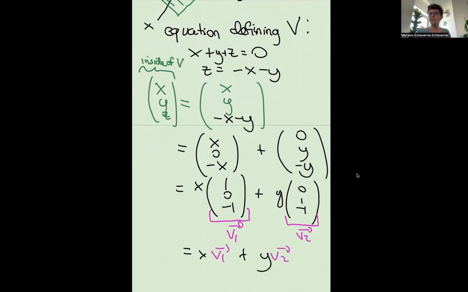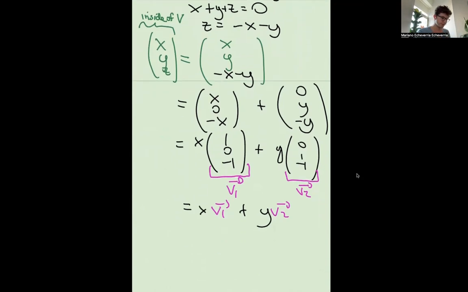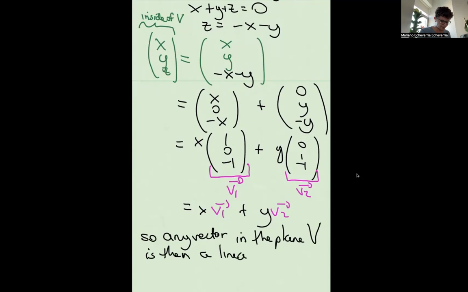What this is saying is that any vector in the plane is a sum of the vectors v1 and v2. Not in the xy plane, but in V, let me just say any vector in the plane V is then a linear combination.